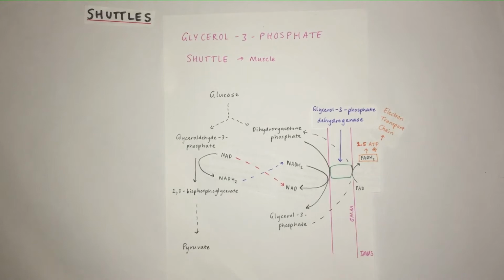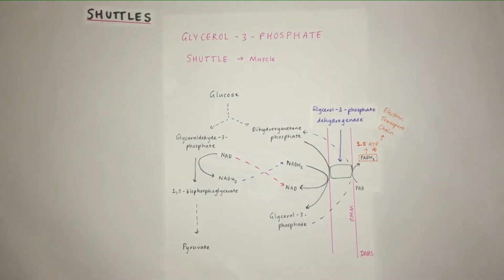It produces 1.5 ATP and is less than the Malate-Aspartate shuttle because it skips complex 1 of the electron transport chain. So I'll repeat that one. It skips complex 1 of the electron transport chain and it is worth less, therefore, ultimately, than the NADH which will get transported into the mitochondria in the liver, which we'll go through in a second.